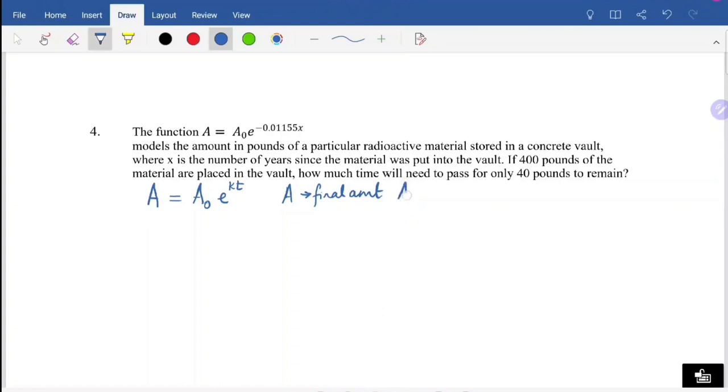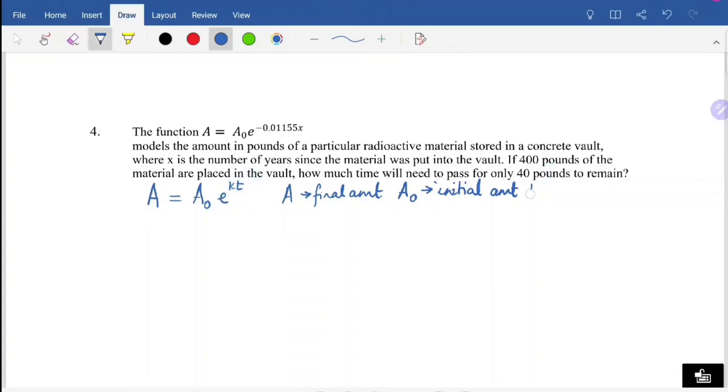A sub 0 represents the initial amount that we start with, again, regardless of whether it's the growth model or the decay model. E is, of course, the natural base, a constant value, which represents the natural base of this exponential part.